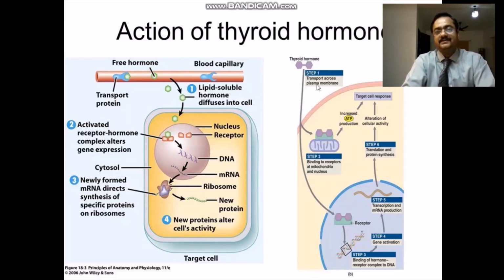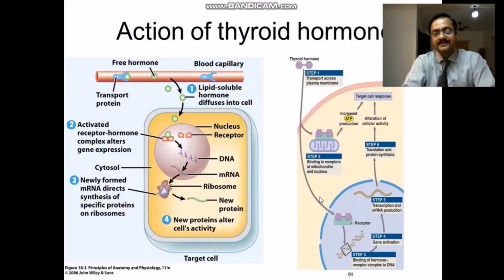So here you can see step 1, where there is transport of these hormones across the plasma membrane, entering into the receptors of the mitochondria and the nucleus. Increased ATP production occurs that leads to target cell response.